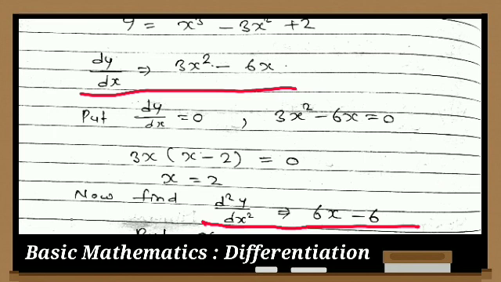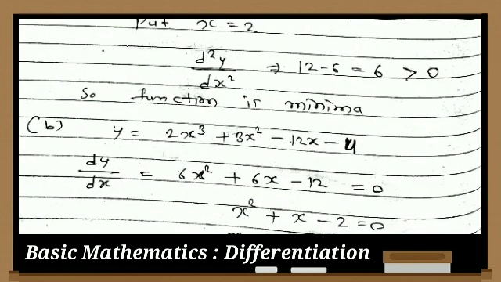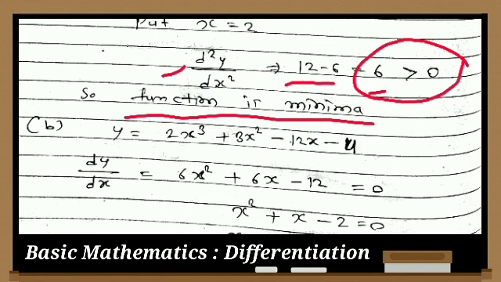Now put the value x equals to 2 in this equation. So we can say that d square y upon dx square equals 12 minus 6, which is equal to 6, and 6 is greater than 0. That means it satisfies the condition for minima. So the function is minima.